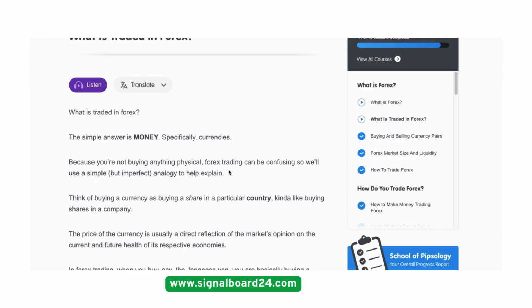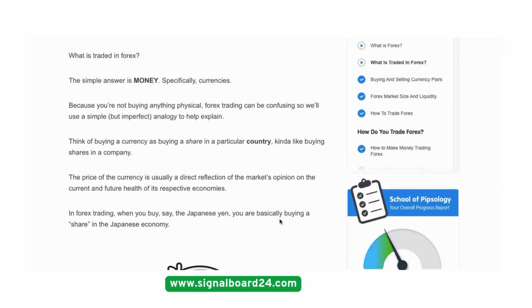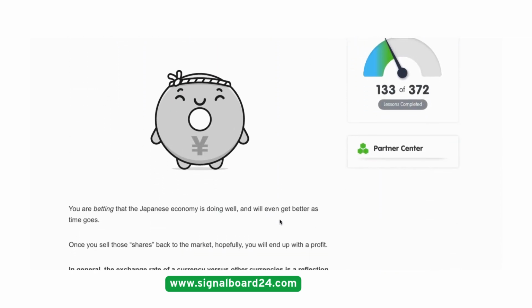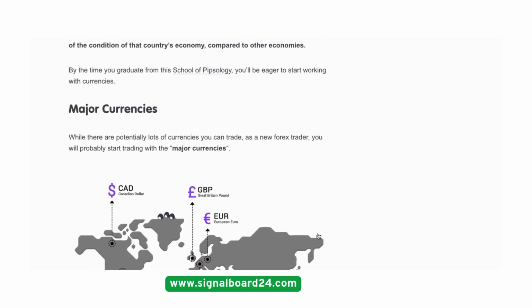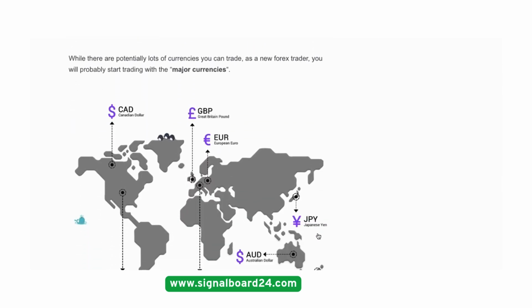It's one currency versus another currency. We are buying a currency and selling a currency, and we trade them in currency pairs. When you buy one currency, you are selling the other one, at the exchange price at the moment you're trading.